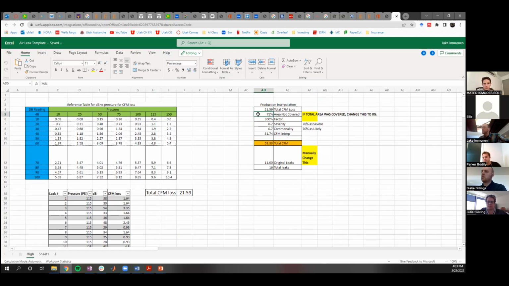So you just need to change this: if you audited 25% of the compressed air lines, then we have a system to extrapolate how many other leaks we might find if we did the full facility. And then we would use this number for total CFM loss for calculations moving forward.